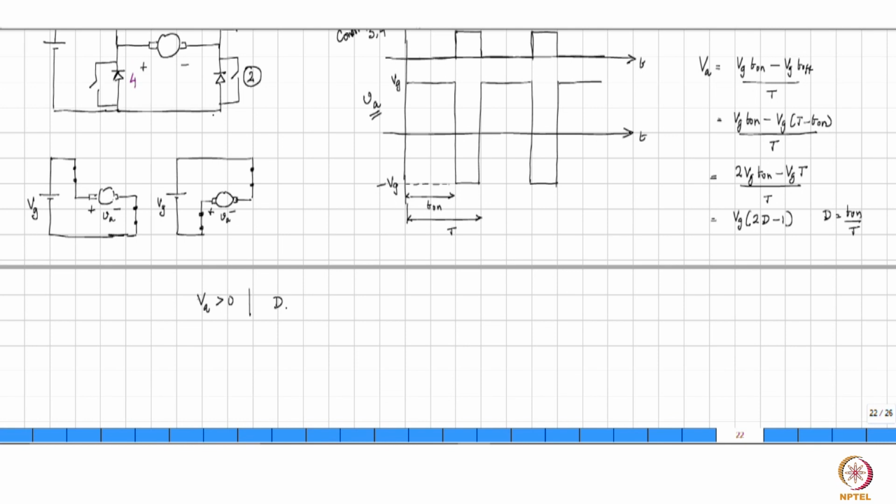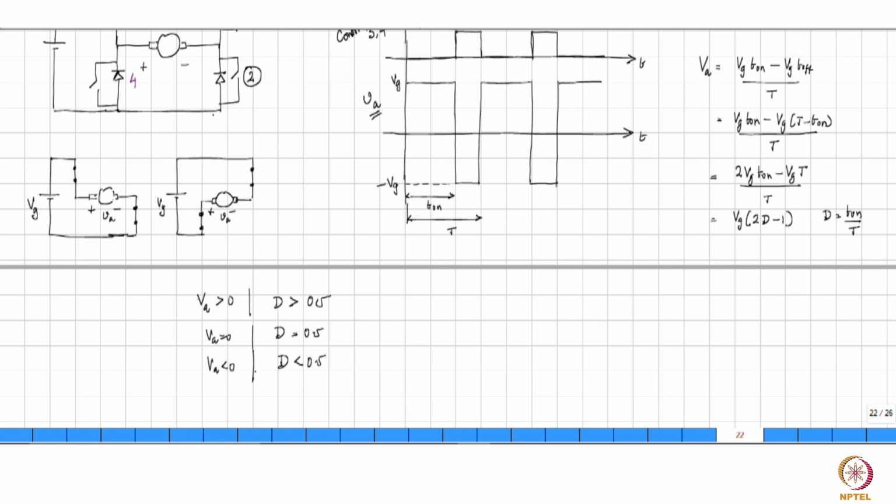Duty ratio must be greater than 0.5. What happens for duty ratio equal to 0.5? You get average value equal to 0. What happens for duty ratio less than 0.5? VA is negative.